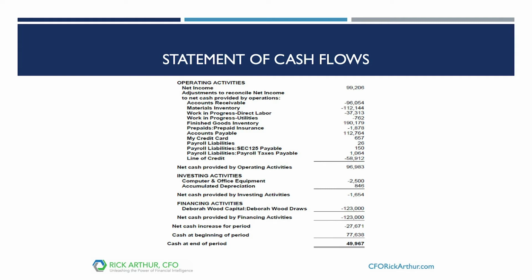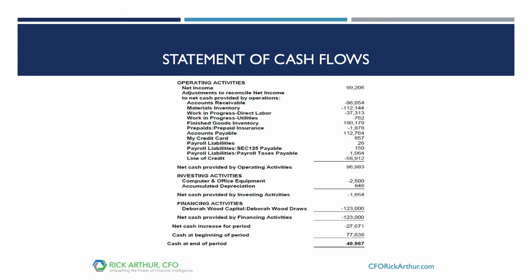The next example is they invested in some computer equipment, and the accumulated depreciation, it's a non-cash asset, so it just gets added back. So in this case, they spent about $1,600 on investing. And then the financing, it looks like the owner took a draw probably to pay taxes or maybe this particular owner was not taking a salary.